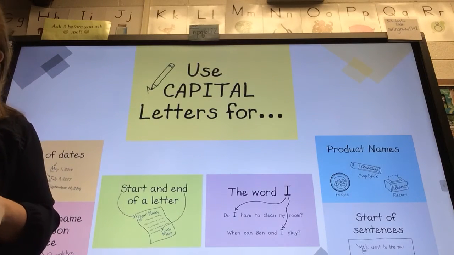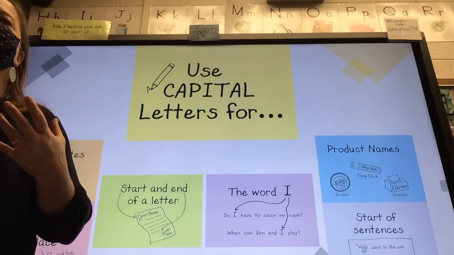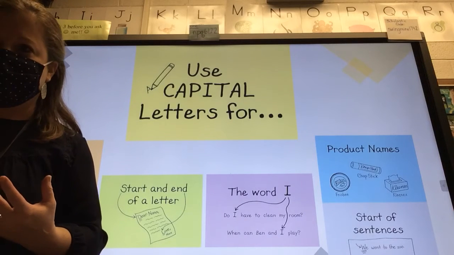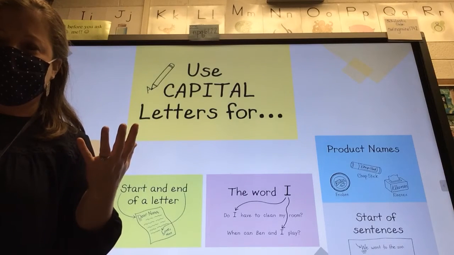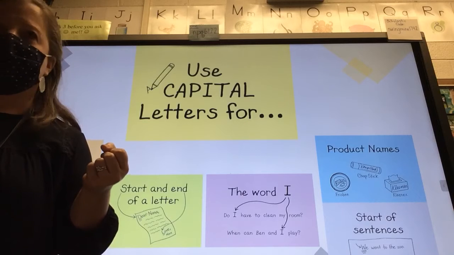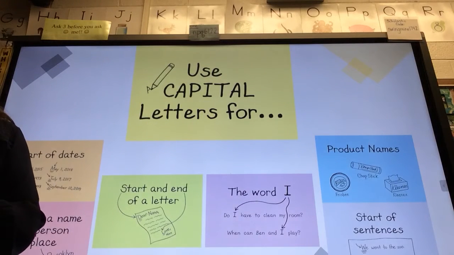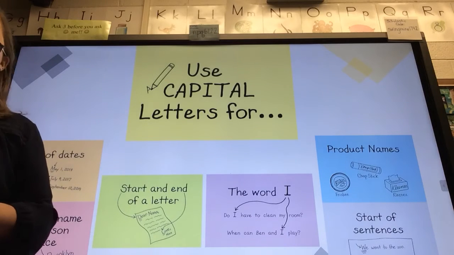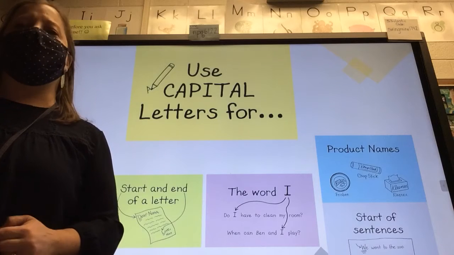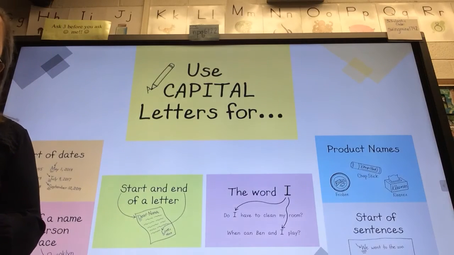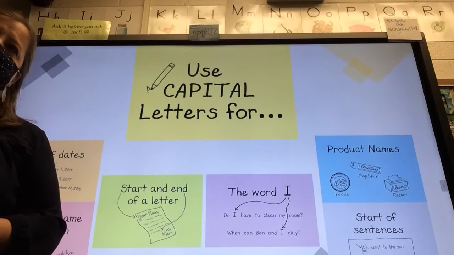Somebody tell me another reason or time that it's really important to use a capital. Anybody at home have an idea? Who has a reason? Yes, Landon. When do we use capital letters? At the beginning of the sentence.